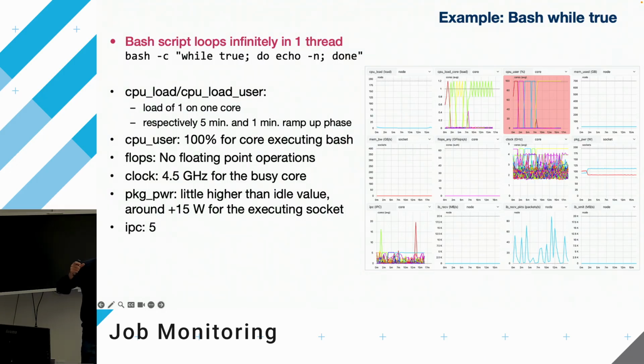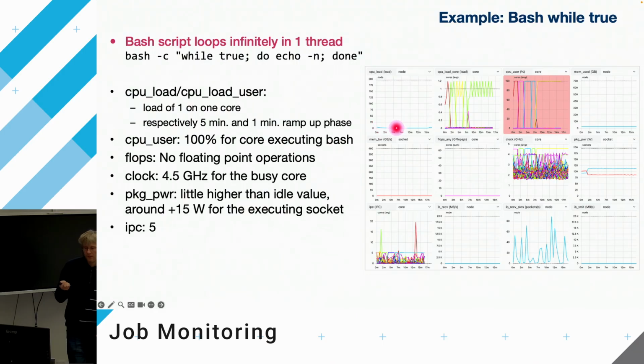Now we can think about what happens if one thread is doing something. In this case, this example is a while true loop in bash that is not printing anything. It's just looping through these instructions but not doing anything, and that's basically integer workload for bash. It is running on one core, so we have a load of one.